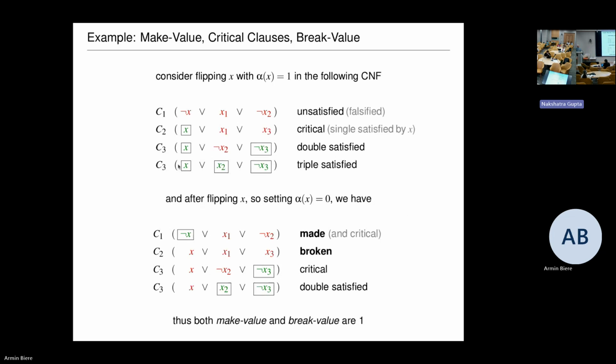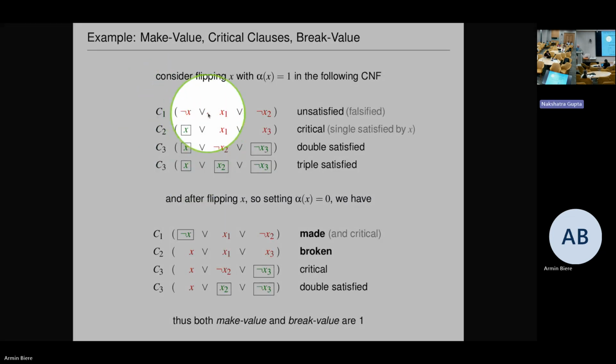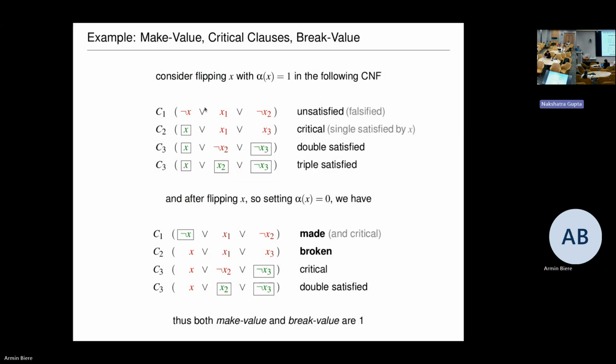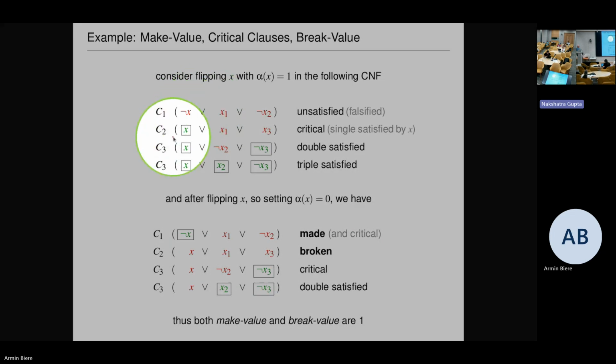And red means, oh sorry, I apologize to red-green blind people here. So the box actually means satisfying. A box and green means satisfying, and no box and red means falsifying. So you see, this is an unsatisfied clause with X in it. So this means you will make this clause.